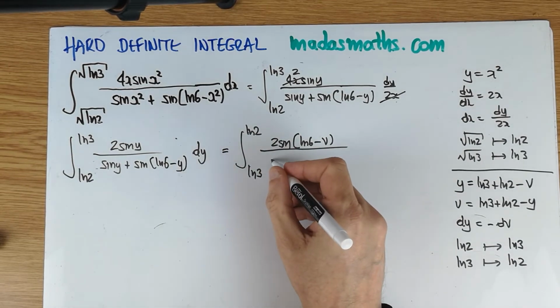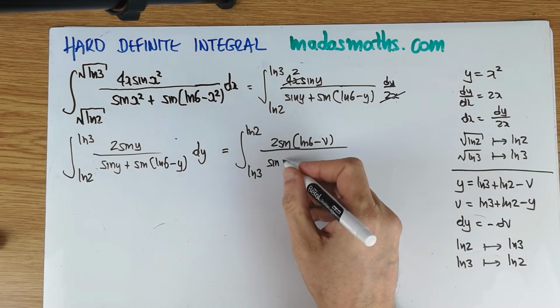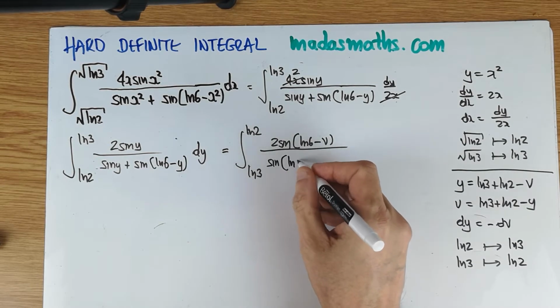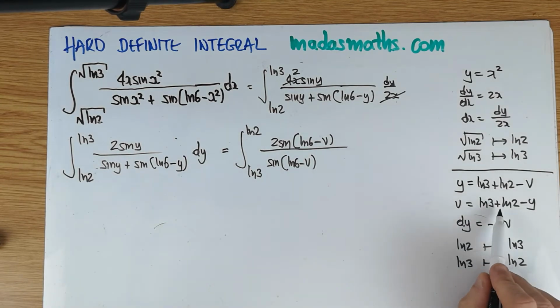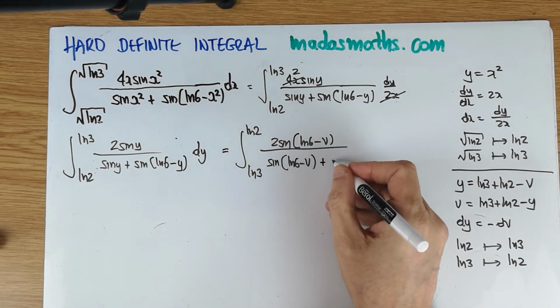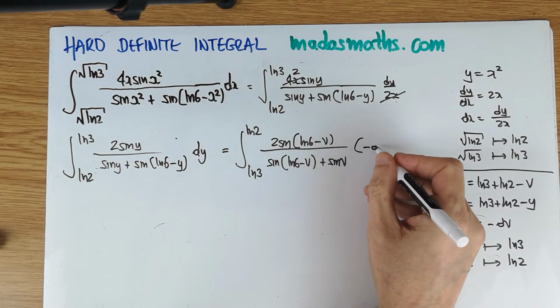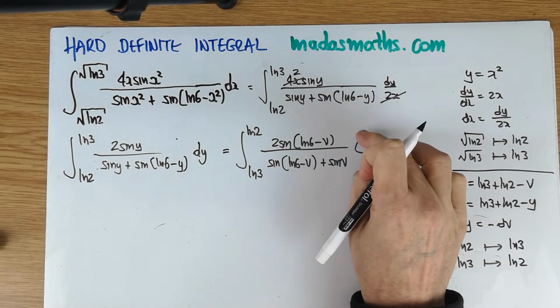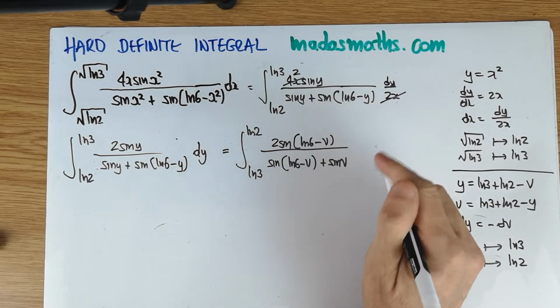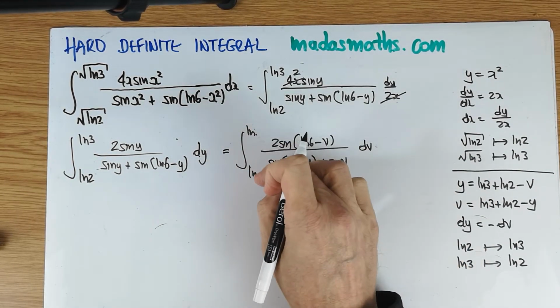The denominator will be exactly the same: the sine of log 6 minus v, and log 6 minus y will be, of course, plus the sine of v. And I'm going to have, of course, a minus dv. Just to save a bit of space, I'm going to take this minus, so just dv, and swap the limits back.